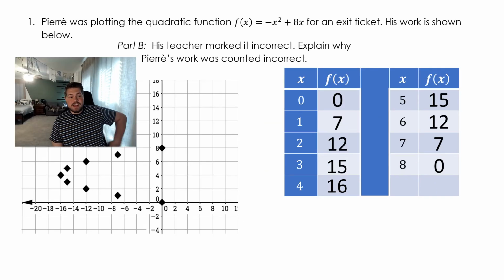So, whoever Pierre's teacher was realized he's not right. He's incorrect. He did something weird and wonky. So let's look at that for a second.